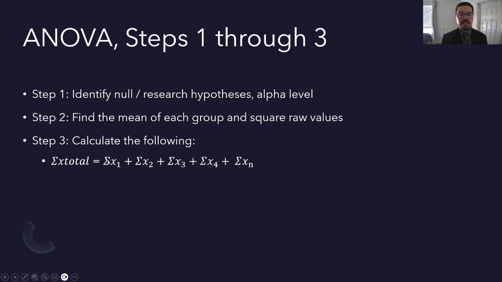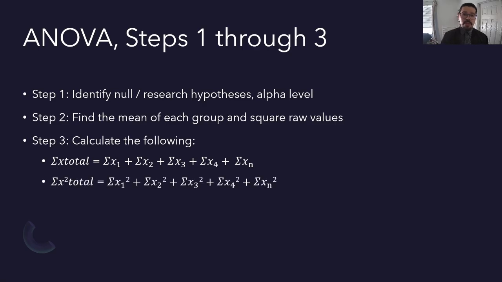So this sum of x1 references group 1, sum of x2 for group 2, and so on and so forth. The sum of xn communicates that for however many groups you have, you would just continue doing this. If you had 4 groups, then you would stop with 4 groups, but if you had 5, 6, 7, you would continue this process.